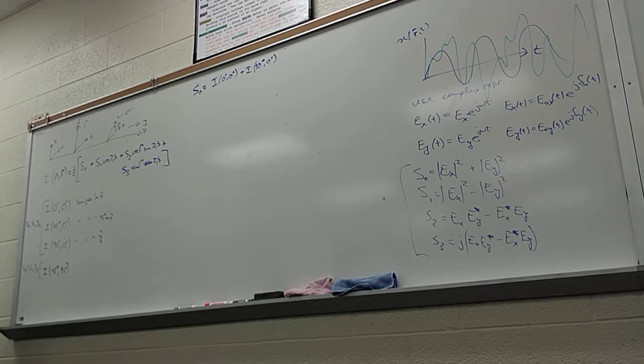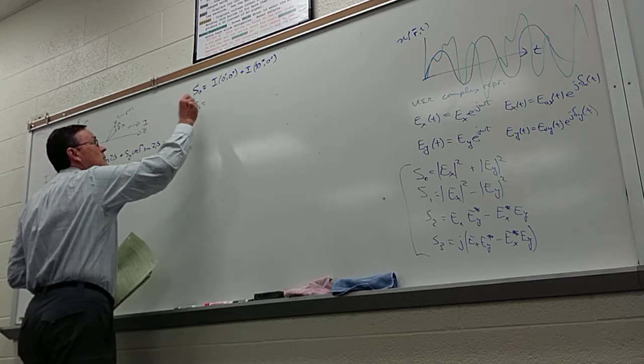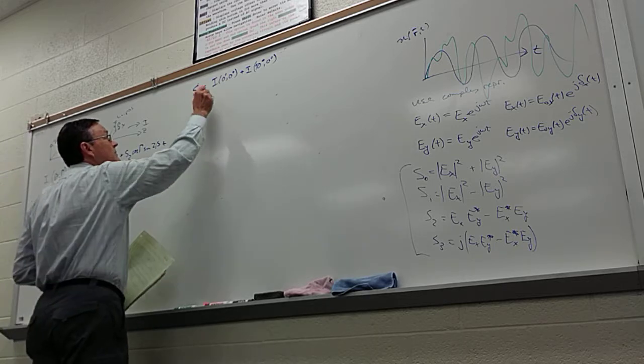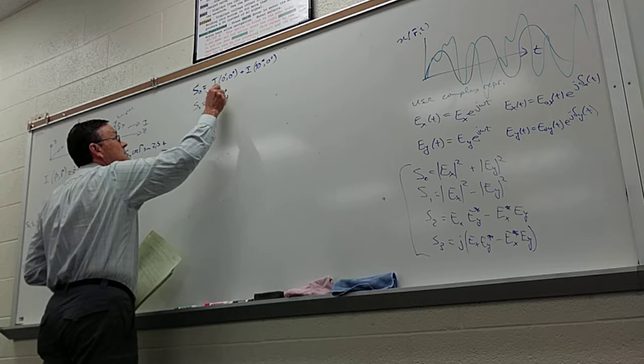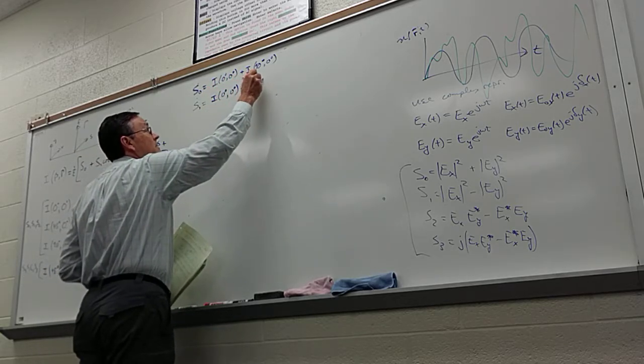Yeah, and so that is a pretty much intuitively obvious statement, right? So, okay, fine. S1 then is the linear combination of I 0 degrees, 0 degrees minus I 90 degrees, 0 degrees.